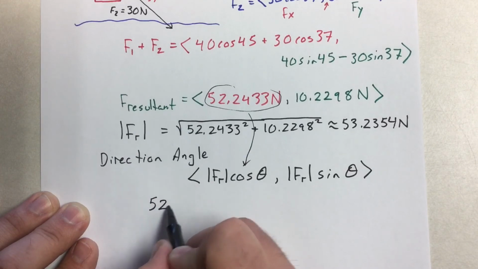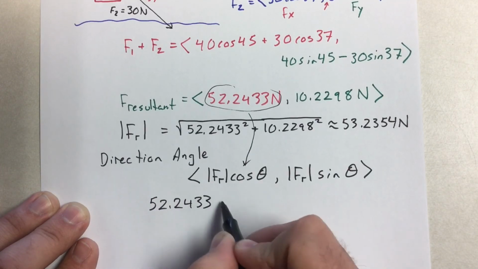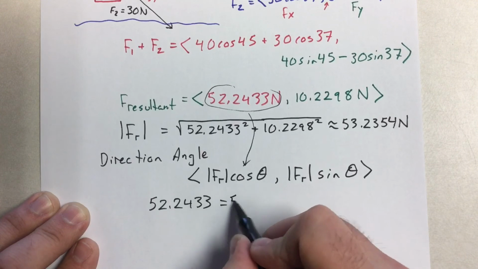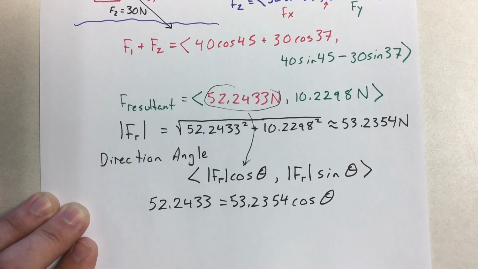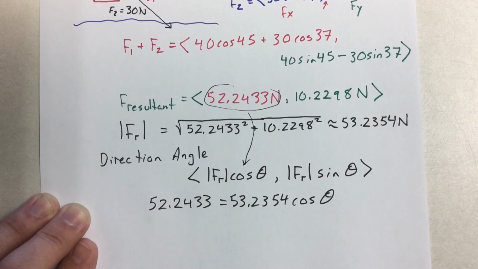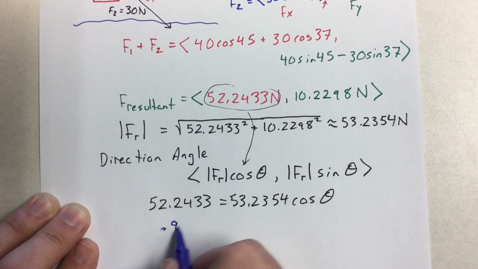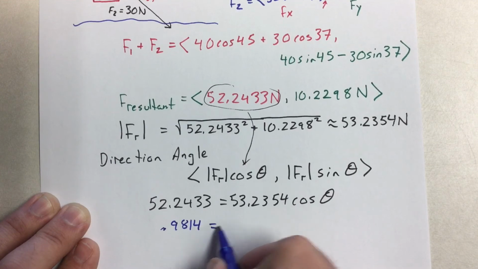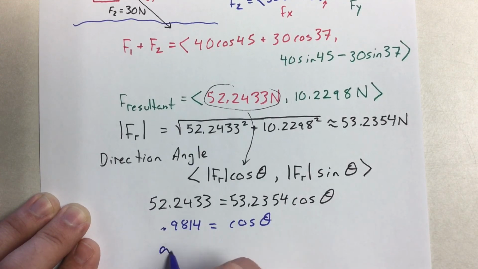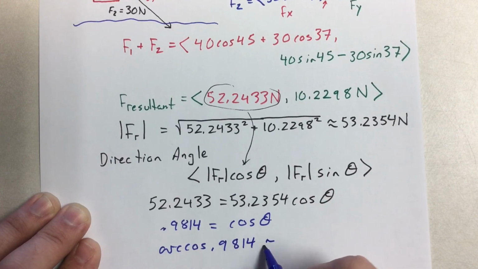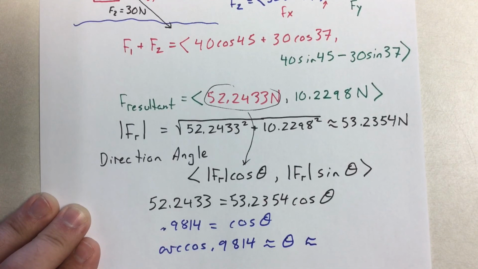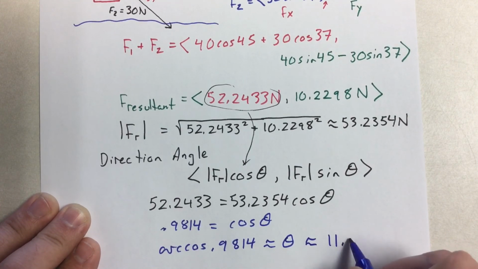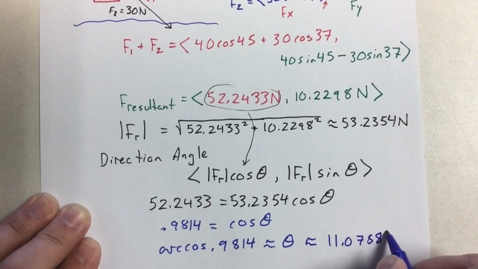So 52.2433 equals 53.2354 cosine of theta. Dividing, we get 0.9814 equals cosine of theta. Arc cosine of 0.9814 is approximately theta, and we find that we get an angle measure of 11.0788 degrees.